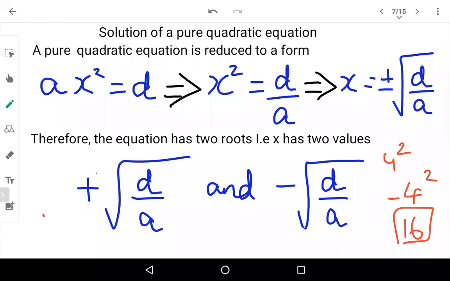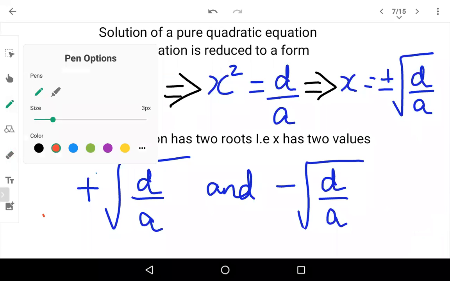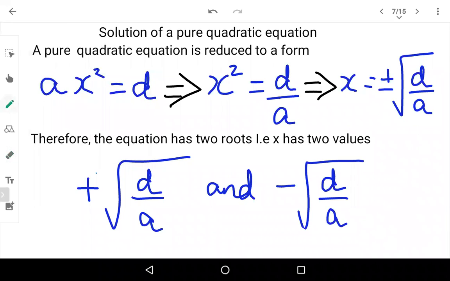Why is it plus 16? Let us understand that. We have done equations all this while, so we should be able to answer this. Now 4 square means 4 into 4, that is plus 16. Minus into minus is plus.